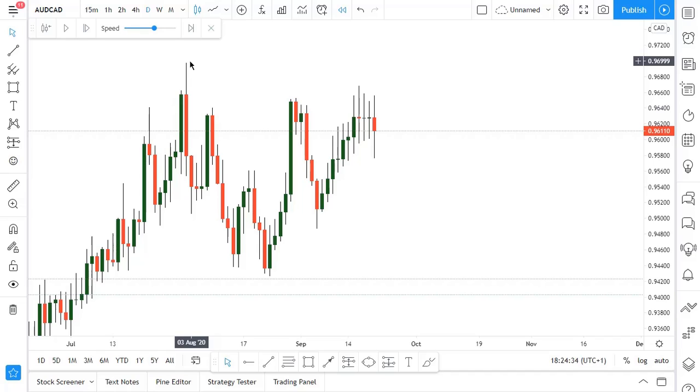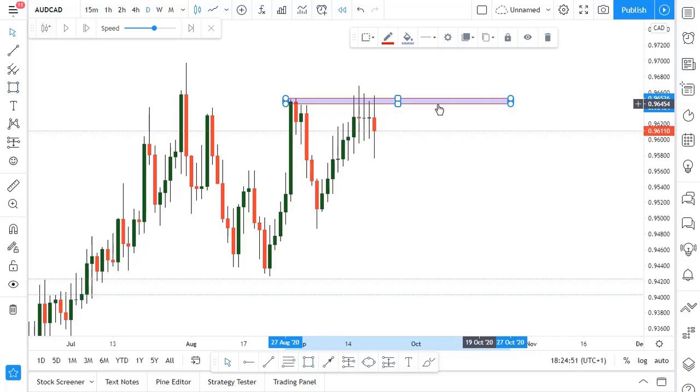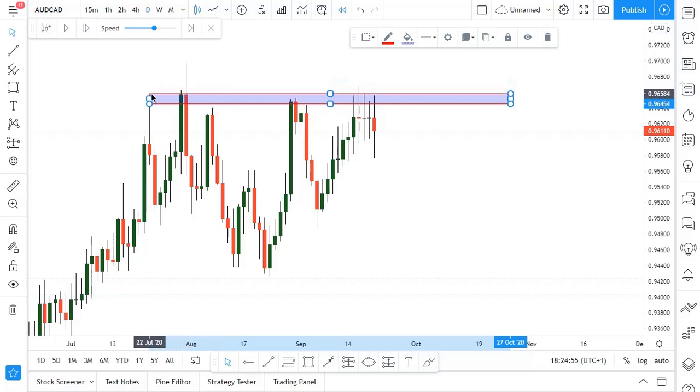So we're going to be starting with the structures. First of all, we can identify a very nice daily structure from this point. As you can see, it's valid even from the 28th of July 2020, and this structure has been retested 3 times.